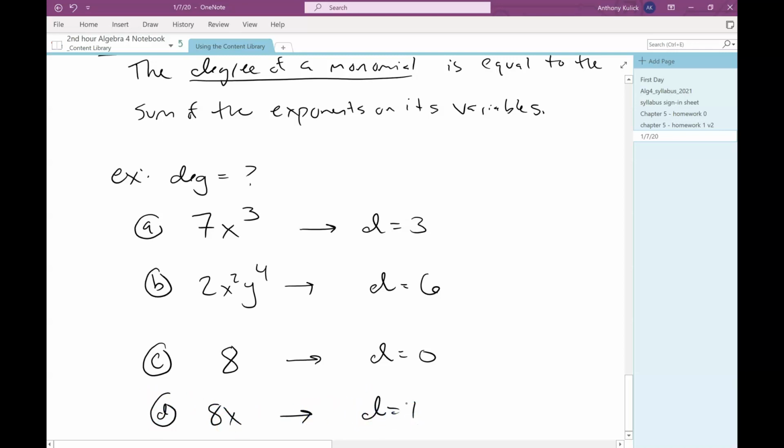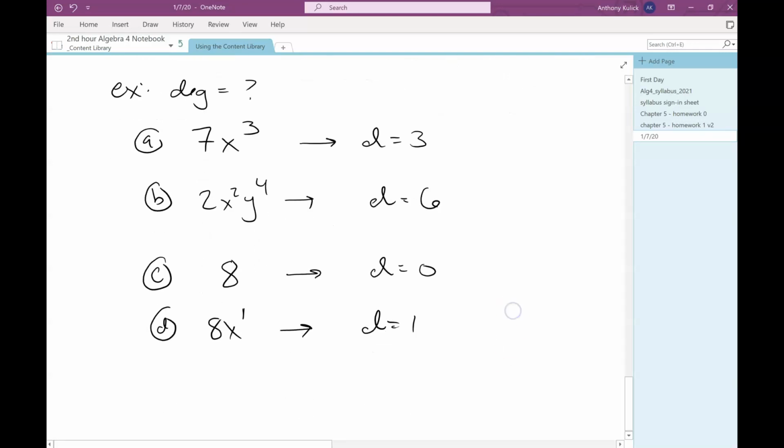So to do a polynomial, let's say we have this polynomial. What we'll do is go monomial by monomial and figure out the degrees.